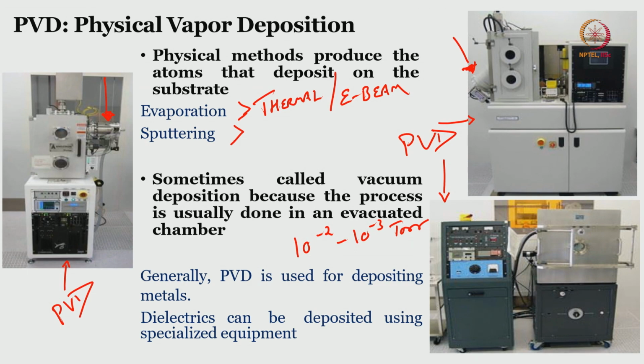There are different kinds of secondary pumps: a getter ion pump and a turbomolecular pump. These secondary pumps are capable of giving us vacuum anywhere from 10 to the power minus 5 to 10 to the power minus 7, and in certain cases 10 to the power minus 8 torr.